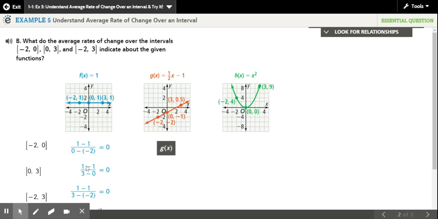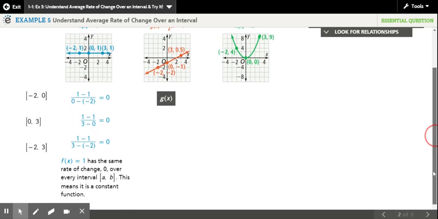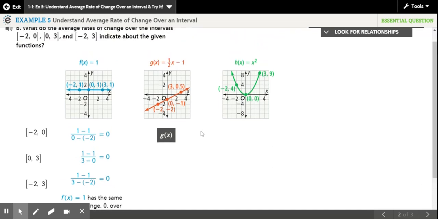Essentially, that's all you're doing. It's change in y over change in x. And then from -2 to 3 for the entire thing, it is still 0. So f of x equals 1 has the same rate of change, 0, over every interval. This means it is a constant function.